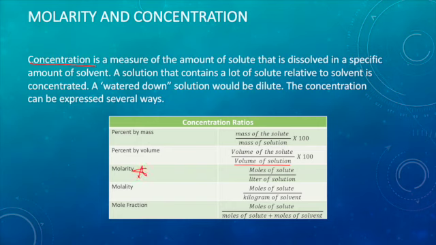This is the most important one and the one that we will be using. Molality, which is moles of solute divided by kilogram of solvent. And mole fraction, which is moles of solute divided by moles of solute plus moles of solvent.